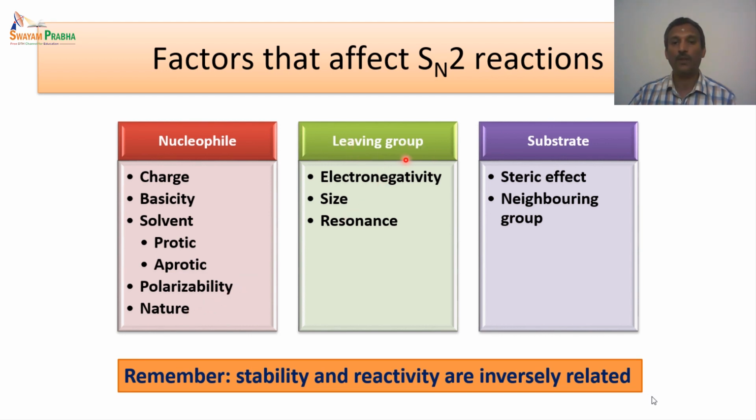And in the case of leaving group, the most important one we will be studying about is the electronegativity, and we also will study about the size and resonance, which play a crucial role in the case of leaving group too.